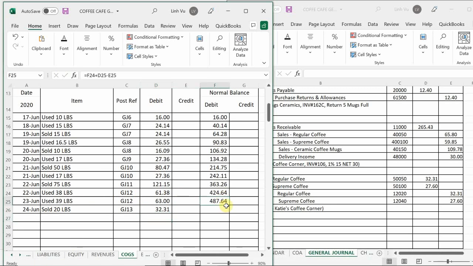So that's my ending balance and my cost of goods sold for the regular coffee, $519.95.